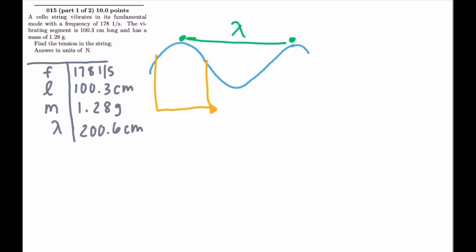And here to here is the length, okay? You're basically just multiplying it by 2 because this part is the wavelength, right? So just multiply your length by 2, okay?